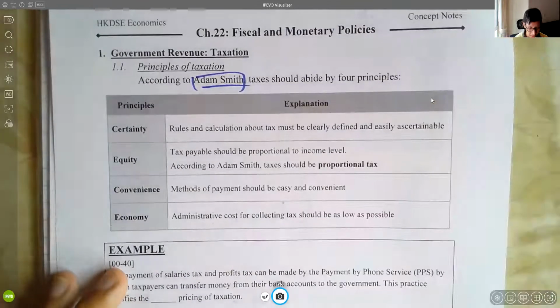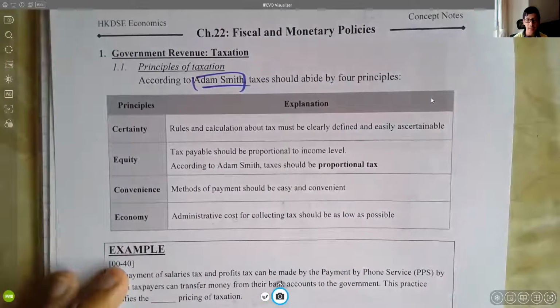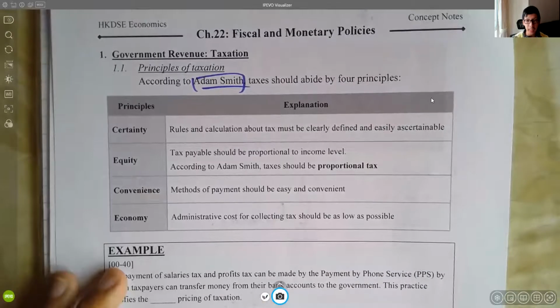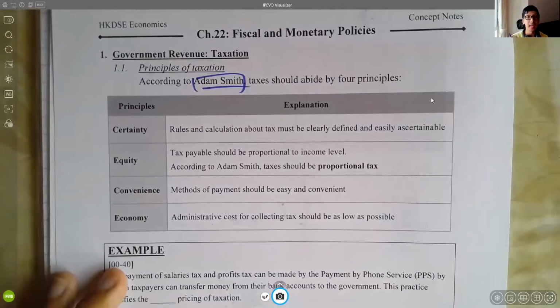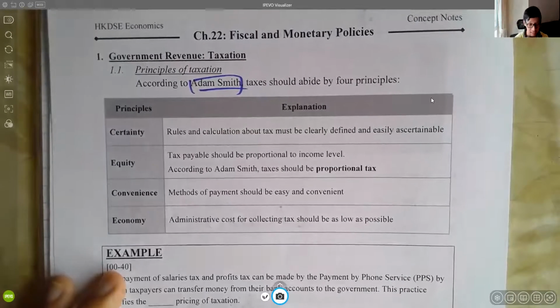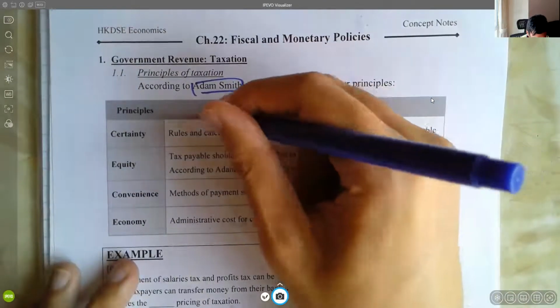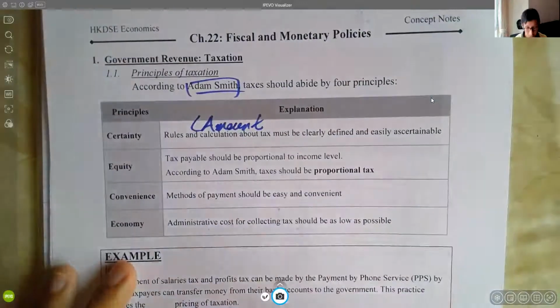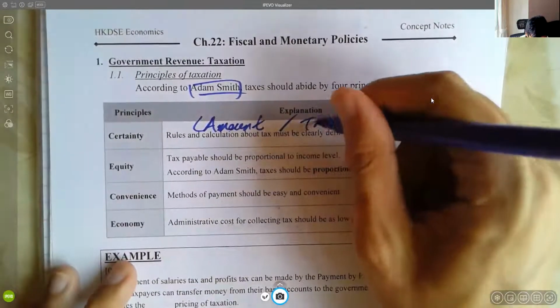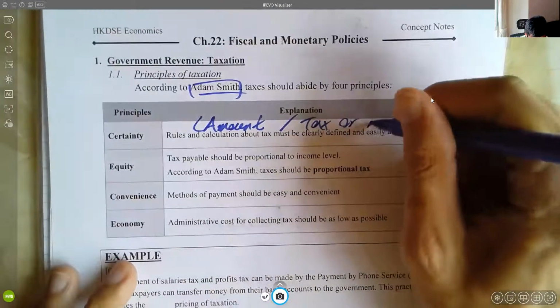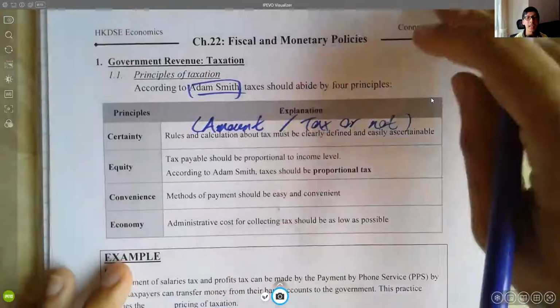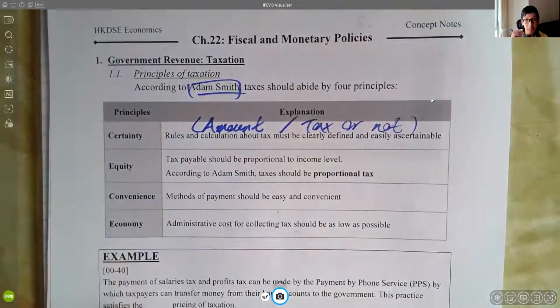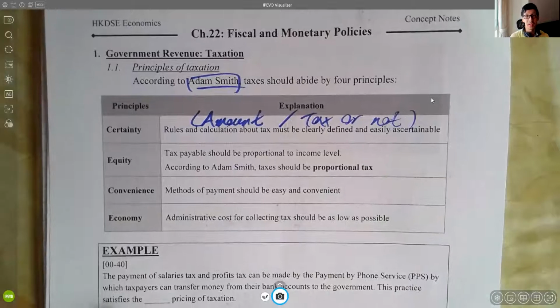It means that the rules and the calculation about tax must be clearly defined and easily ascertainable. Basically, what it means is that you should know beforehand the amount of taxation, or whether it is taxable or not. It should be clear before you even have to pay the tax, not guessing.